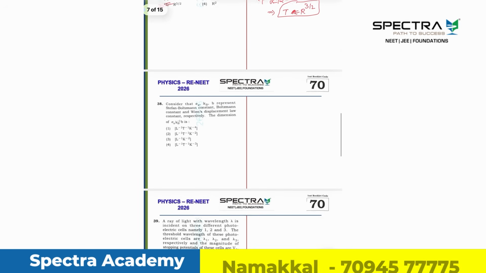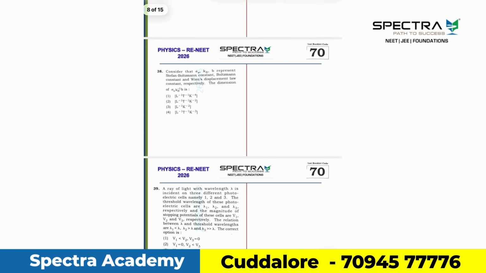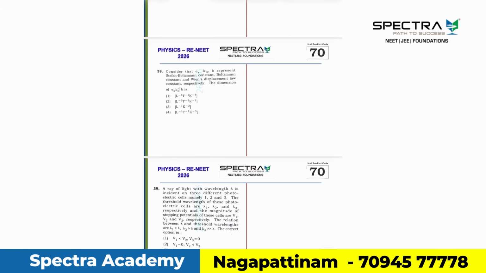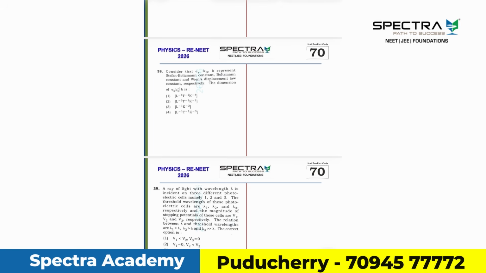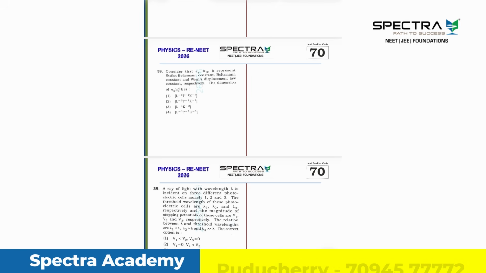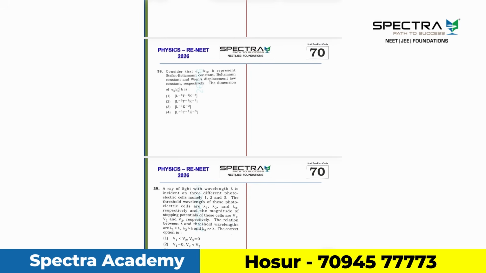See the next one, question number 38. What they are saying to us. Consider that sigma s, kb and small b represent Stefan Boltzmann's constant, Boltzmann's constant and Wien's displacement law constant respectively. The dimension of sigma s kb power minus 1 into small b is, they are saying.